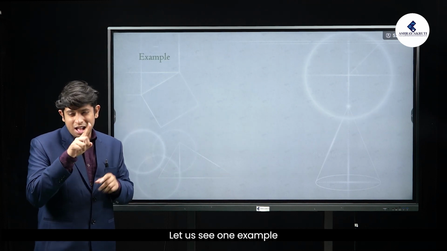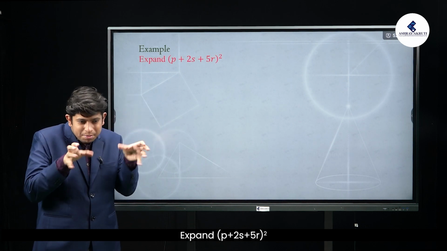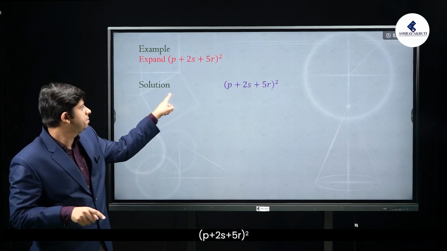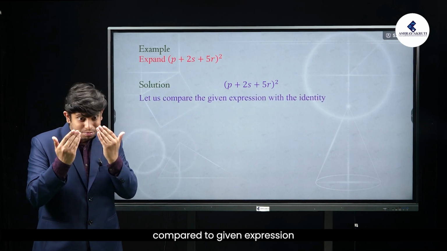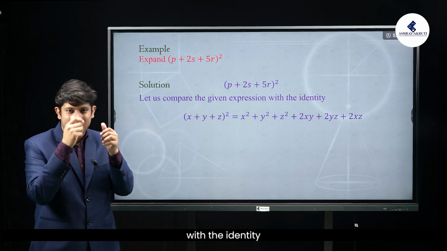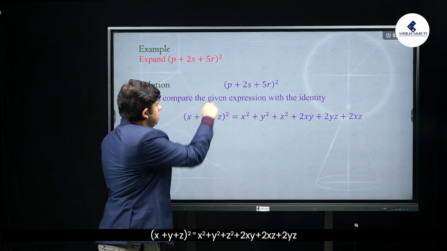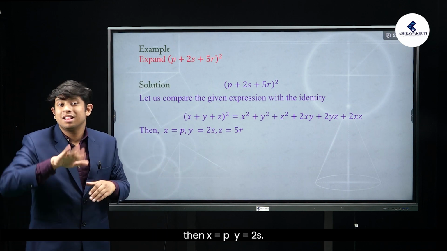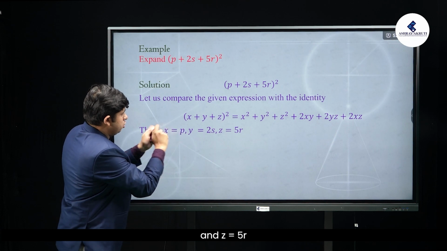Let us see one example. Expand p plus 2s plus 5r whole square. Solution. Given p plus 2s plus 5r whole square. Let us compare the given expression with the identity x plus y plus z whole square is equal to x square plus y square plus z square plus 2xy plus 2yz plus 2xz. Then x is equal to p, y is equal to 2s and z is equal to 5r.